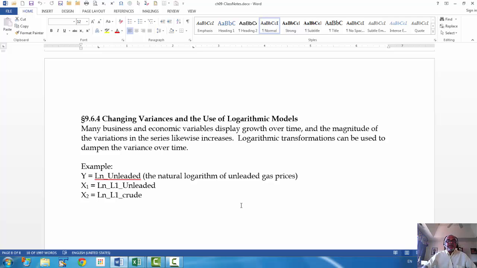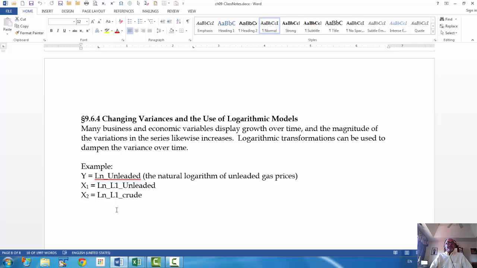If that is not the case, and that gives you problems with respect to reliability and accuracy of your predictions, then you can do this transformation by taking the natural logarithm. When you take the natural logarithm of the original data, the variance will become really small, and therefore the change in variance is going to be pretty minimal. So the assumption of constant variance will more than likely be valid.